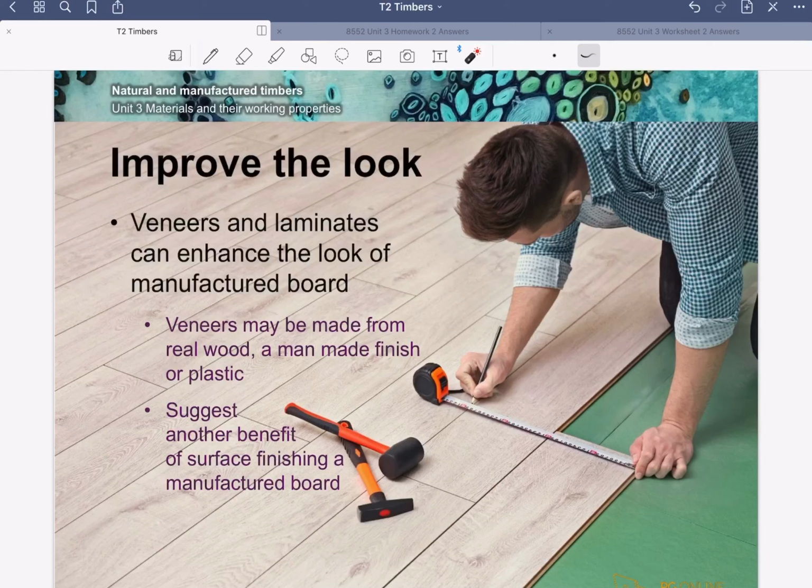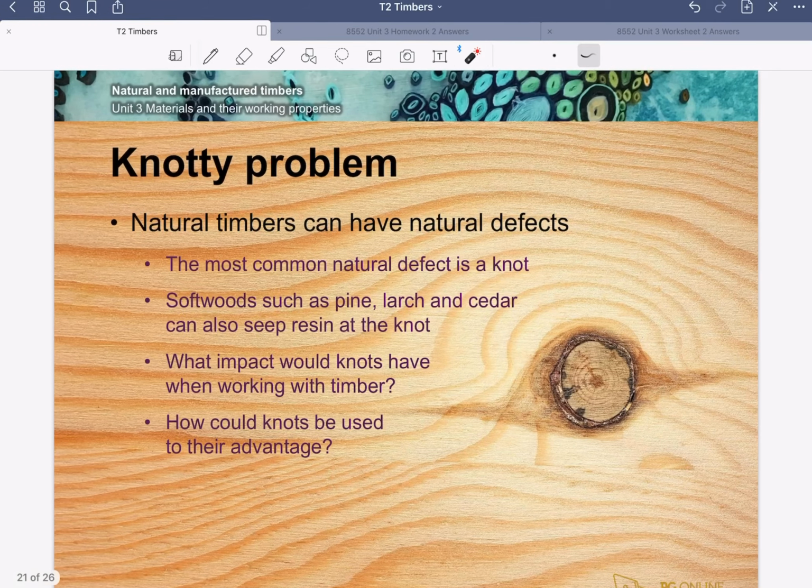Again, look at the desk at the front, a few of the cabinets in the room, and the work surface where the computers normally are around the sides, and you'll notice it has a plastic veneer over the top, which is just there to protect that surface and make it look more aesthetic.